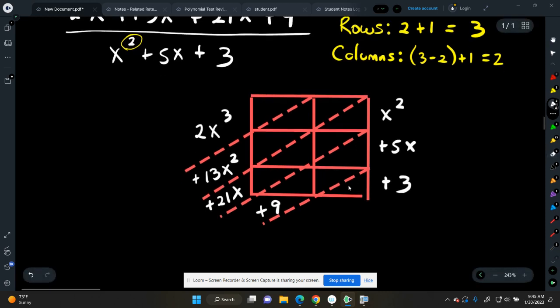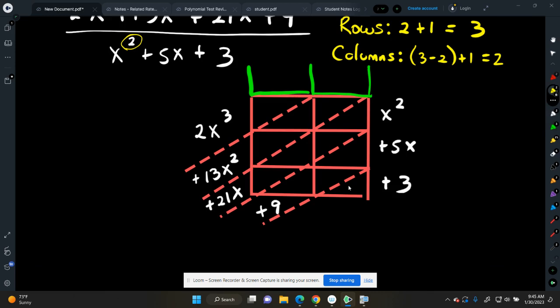I'm looking for what goes up there. Fill in that bottom corner and the top corner. So we have plus 9 and we have plus 2x to the third.